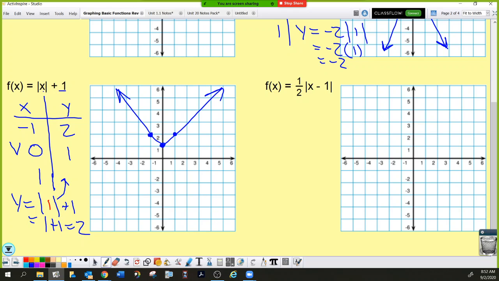And then the last absolute value function does have a fraction on the front. Let's make our point table, x, y. We're going to start with our vertex, right in the middle. So this time, what number would I have to plug in so that the inside of these absolute value bars equals 0?